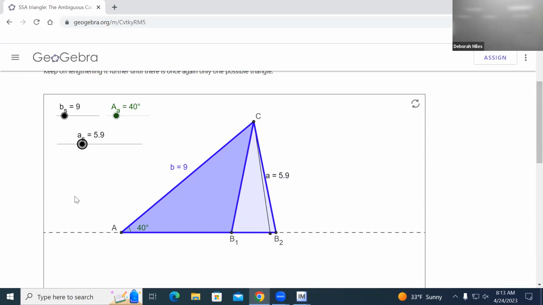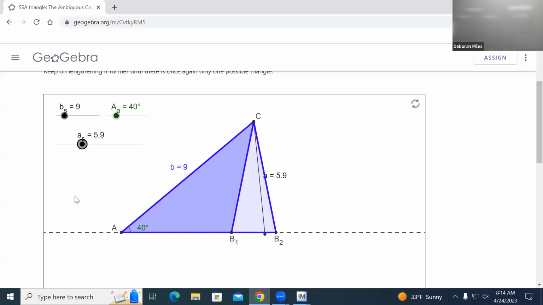If that side A was too short, then you just have no solution. You can't build a triangle with the information you gave me. And then the third scenario is what's on the screen right now. If A was 5.9, it would actually intersect that horizontal line twice, and there would be two triangles.